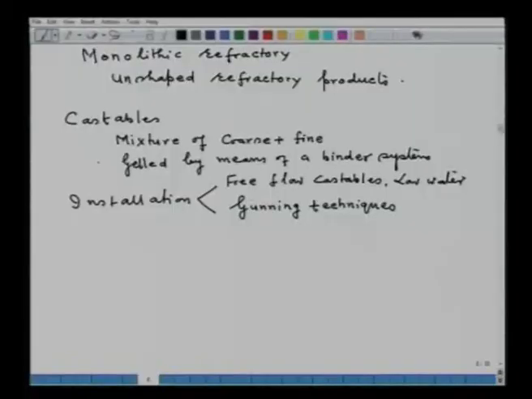That means this mix is taken in a gun and placed at the location with the gunning technique, and then it is hardened. We also have the so-called coating refractory, which is used to coat the working lining. Then we have refractory mortars.